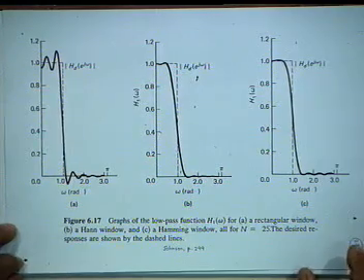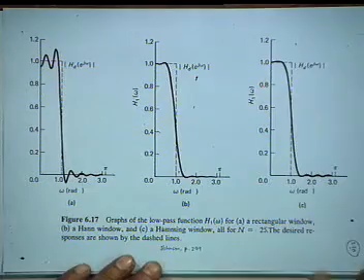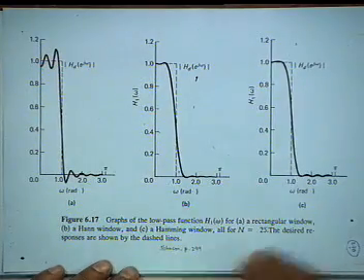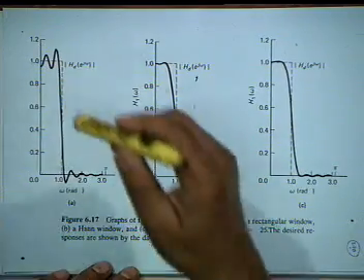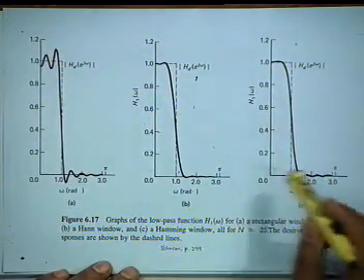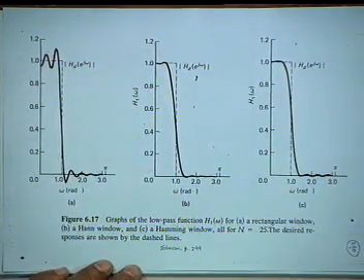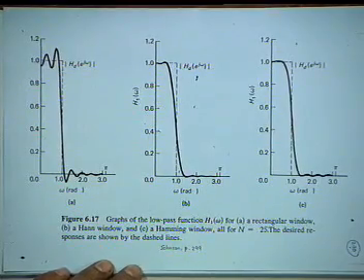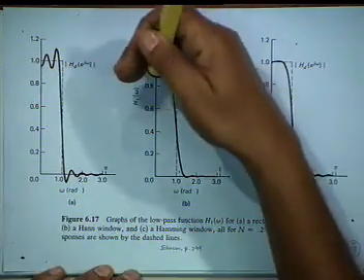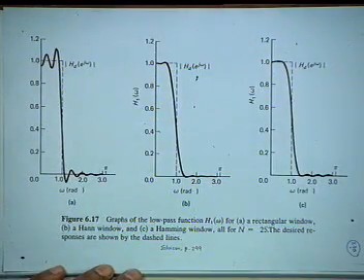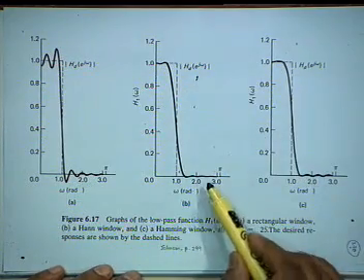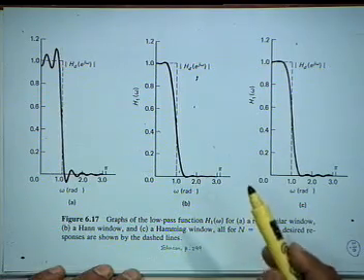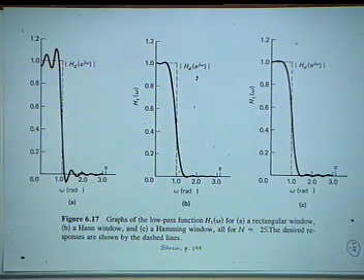This is length 25, for the same specs, and look at the low pass function. Here the normalization has also been done, that is, the maximum amplitude has been made equal to 1, and you see there are ripples in the pass band, there are ripples in the stop band. So, it is more like an elliptic filter.